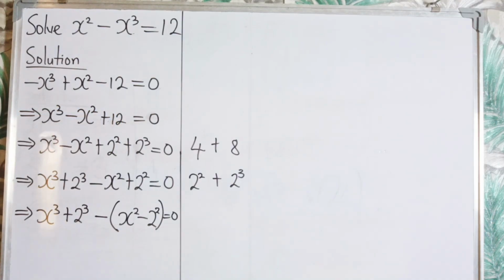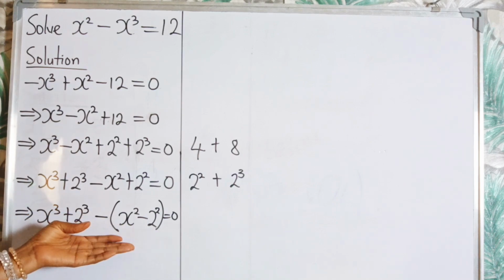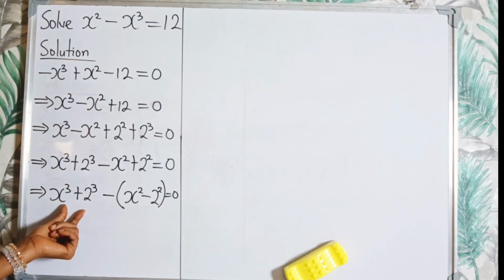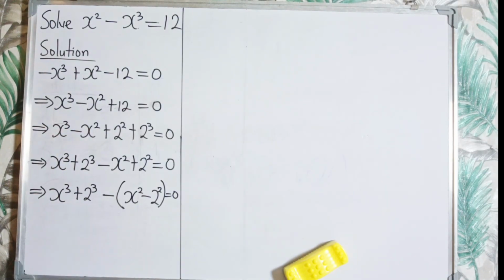And looking at this, it is an algebraic identity. Note that this is the sum of two cubes, and this is the difference of two squares.